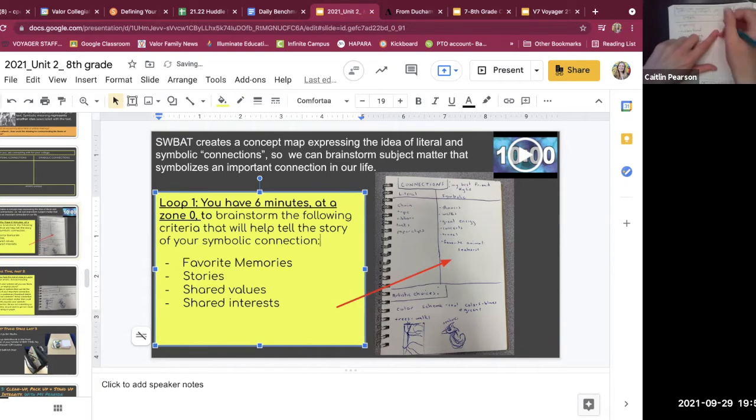So a favorite memory for me with my grandmother would be traveling to Arizona. I'm also going to say like Christmas is a great memory. Any memories that you can think of. Stories, so maybe even like specific stories that you have. For me, my grandmother, that would be playing cards together.